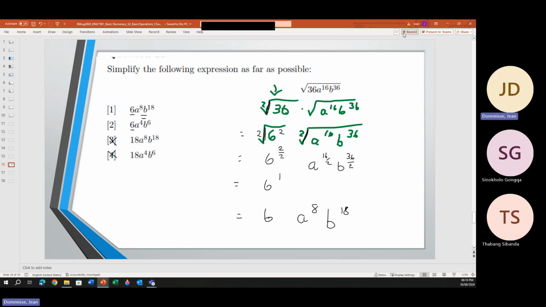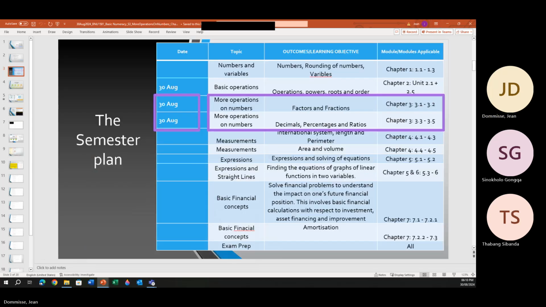Okay, let me just quickly check something. Okay, cool. So let's go into fractions, factors, decimals, percentages, and ratios.